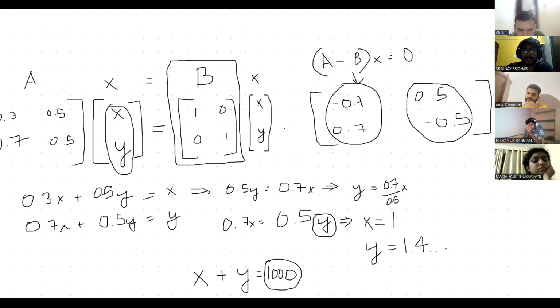Are these two not on the same line? They're on the same line. 1, 1 and 1, minus 1 would have been different. So this vector, when scaled by minus 1, will actually give you this vector. Correct. Understood. Okay.